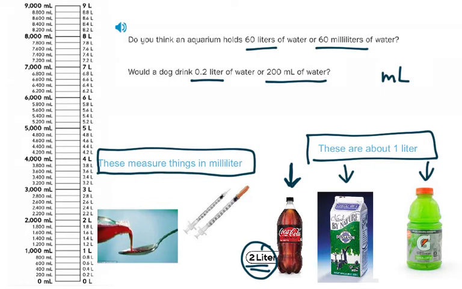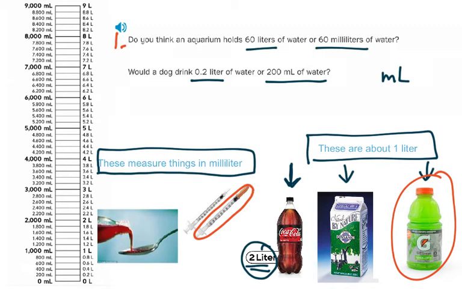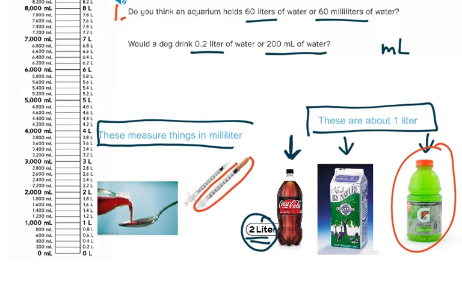So if we go back to the question, do you think an aquarium holds 60 liters, like 60 of these for the fish, or 60 milliliters? I'm trying to see what this goes up to, but I believe this entire syringe goes up to 100 milliliters.